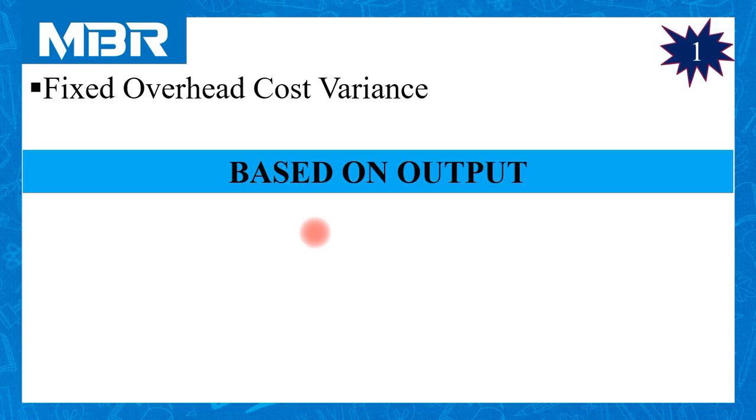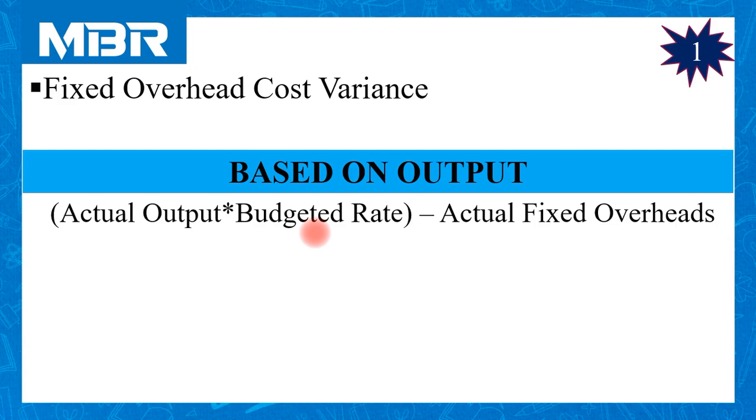So from this calculation, you can make sure whether it's proper or not. Formula: actual output multiplied by budgeted rate minus actual fixed overheads.